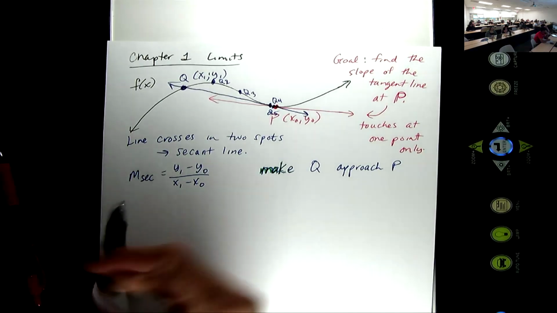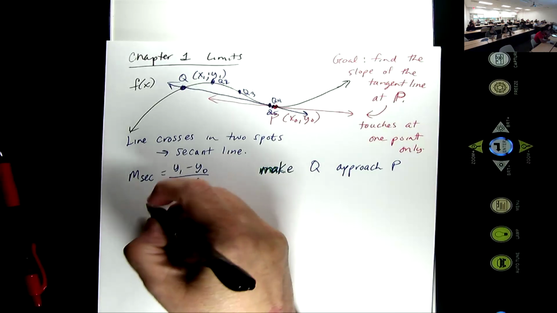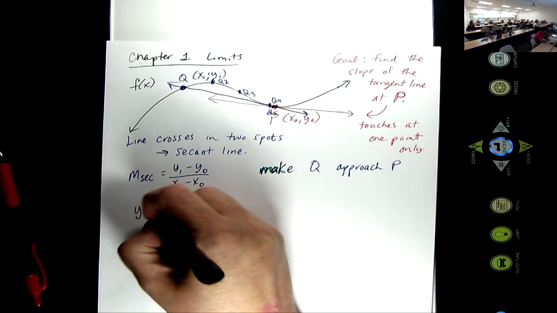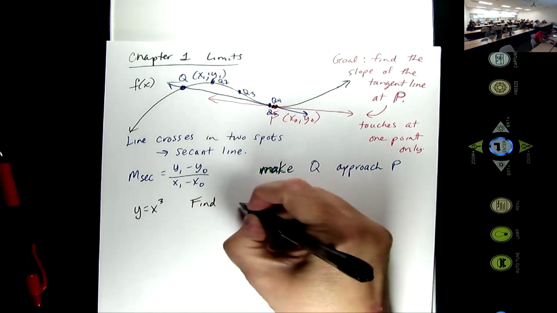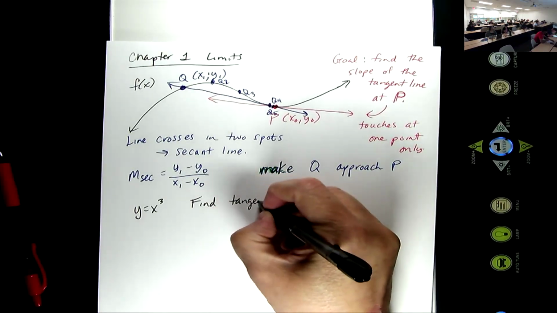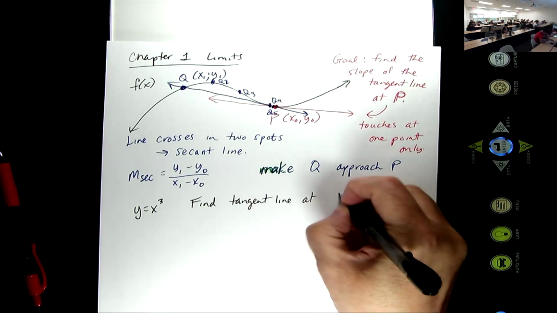So that's not the graph of this function, but let's say y equals x cubed. And we want to find the tangent line at 1, 1.